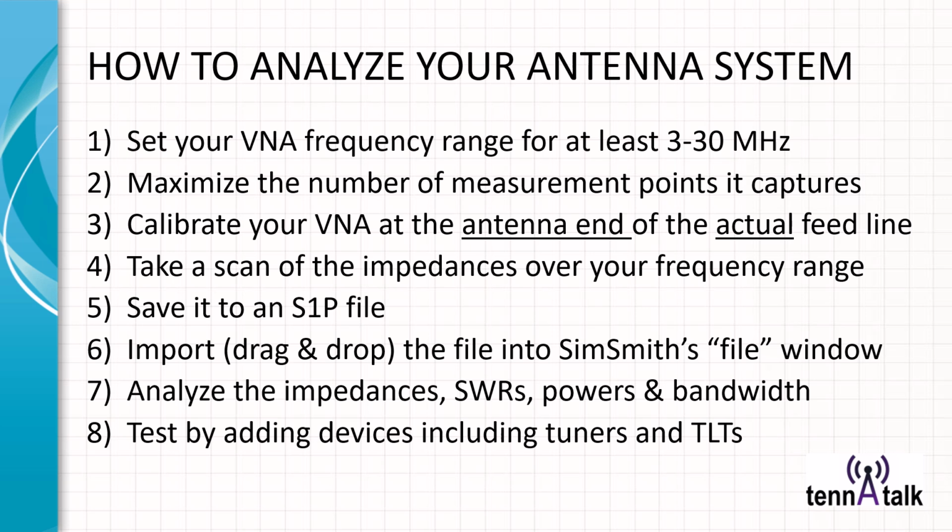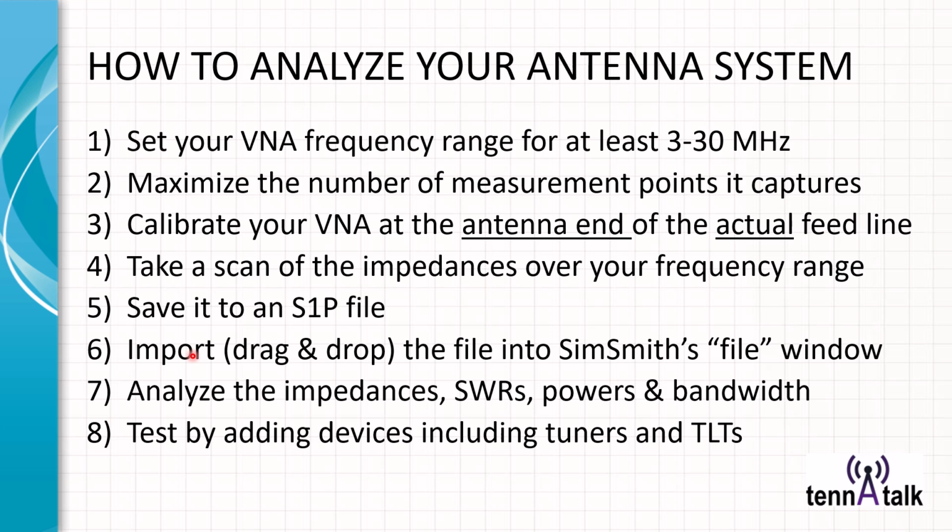So what can you do about this? Let's say you've got a non-resonant antenna, which can be a great antenna if you know how to handle it. You set your VNA frequency range, maximize your measurement points, calibrate your VNA at the antenna end of the actual feed line, take a scan of the impedances over that range, and save it to an S1P file, which is your impedance scan file.